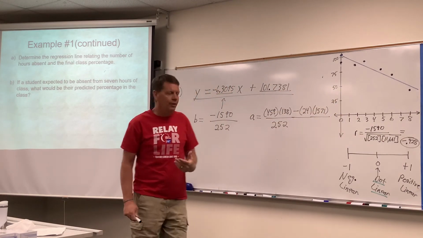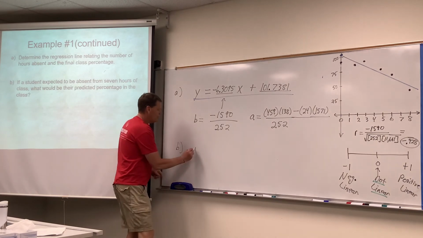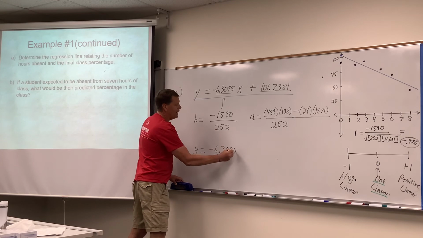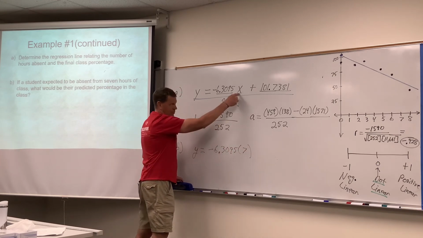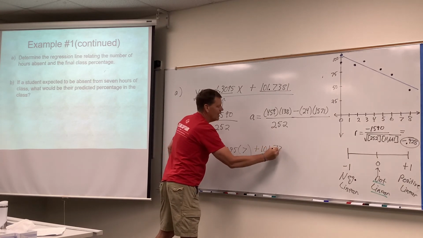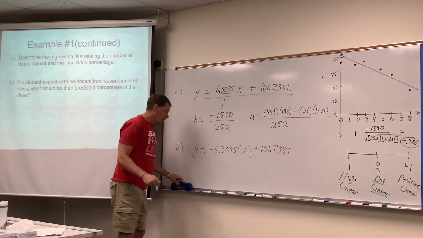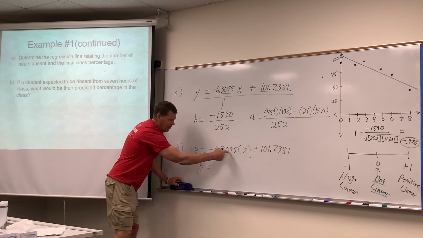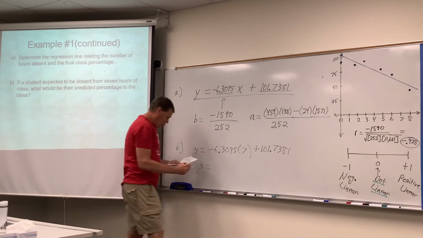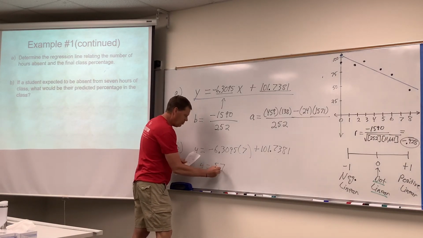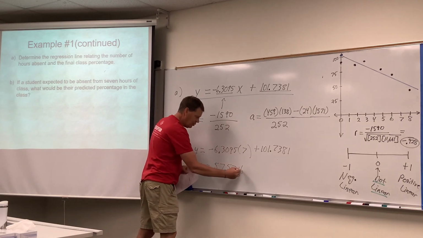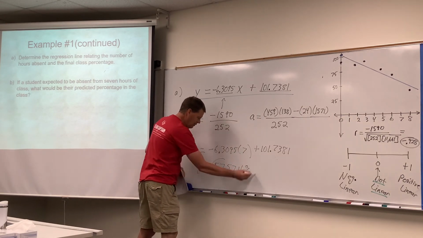But based on the model that I've come up with, the typical student who has 7 hours of absence throughout the semester, put 7 in for x into the equation you just built. My model would predict that that person would end up with about a 57.5716%, about a 58%, let's call it.